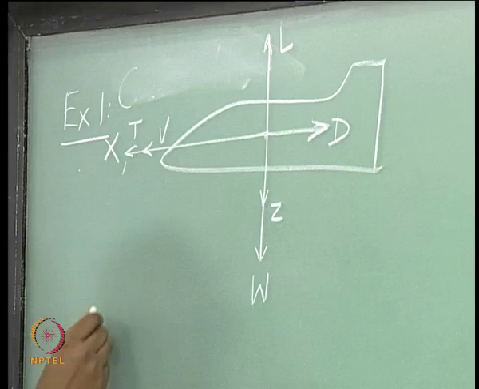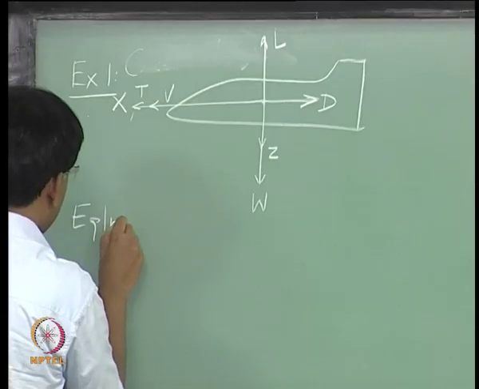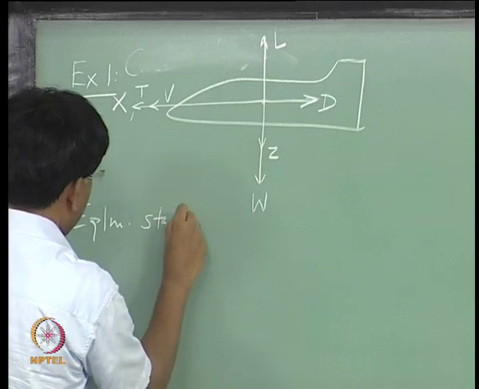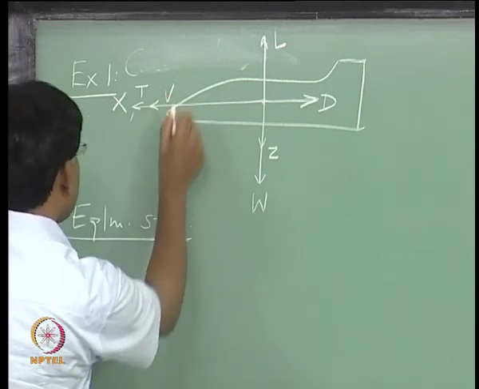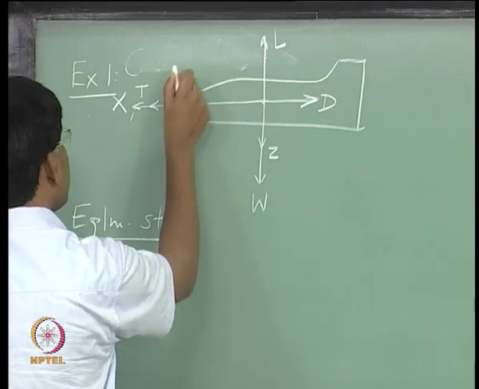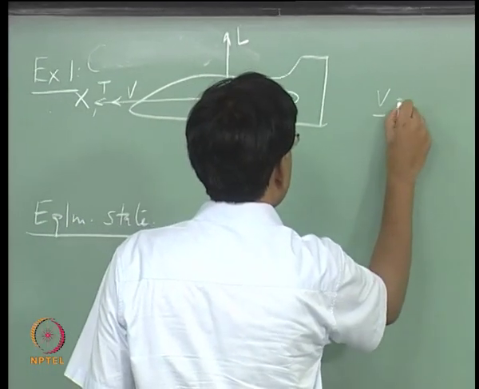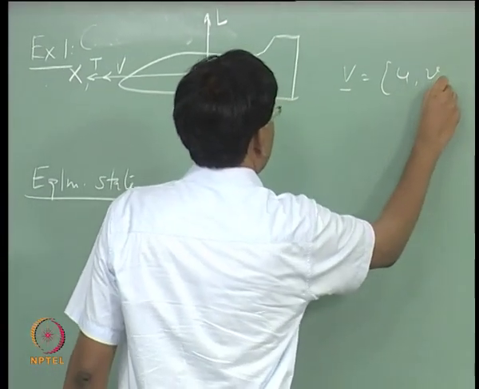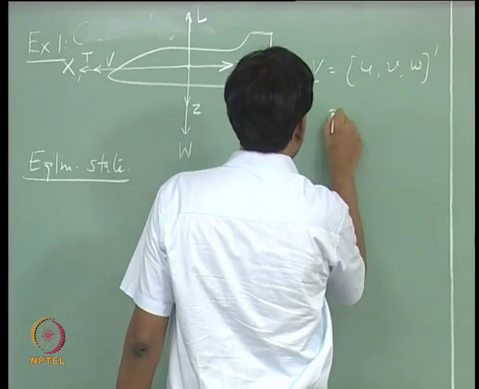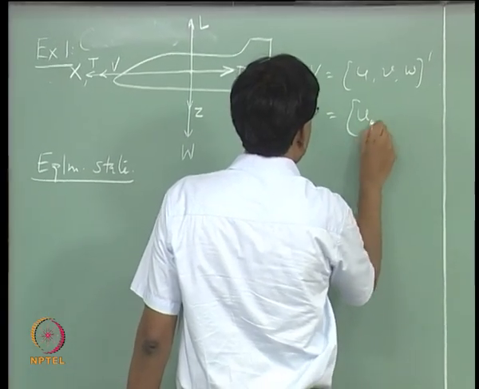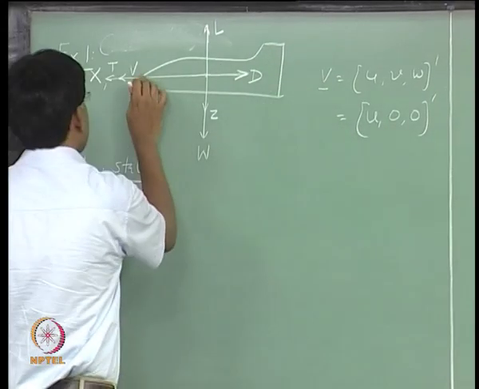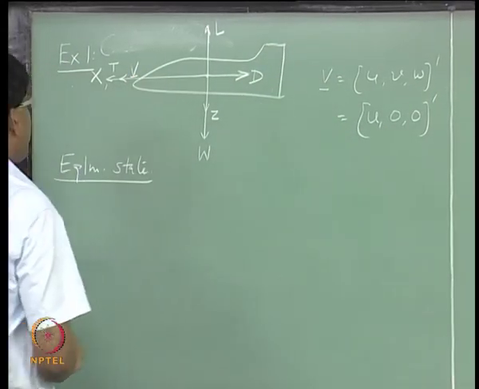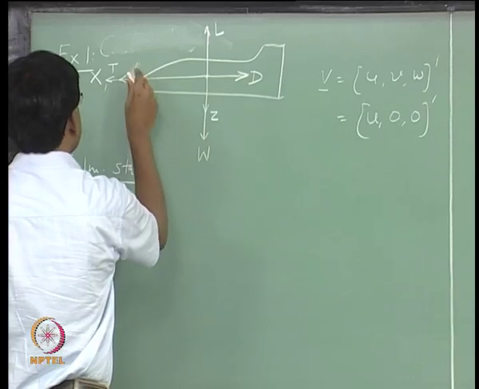If u is the forward velocity, this velocity vector we can just write as u.